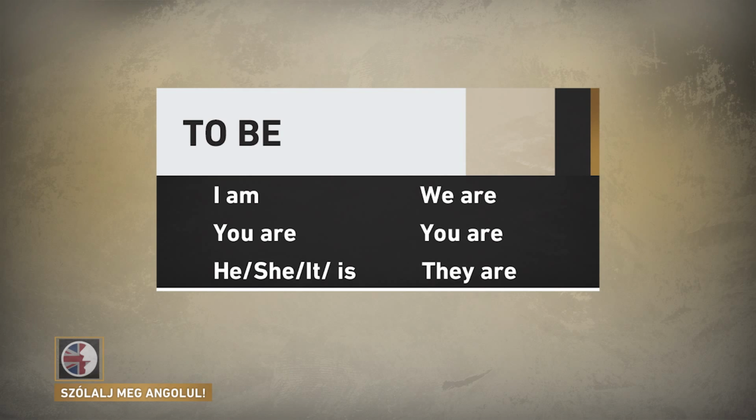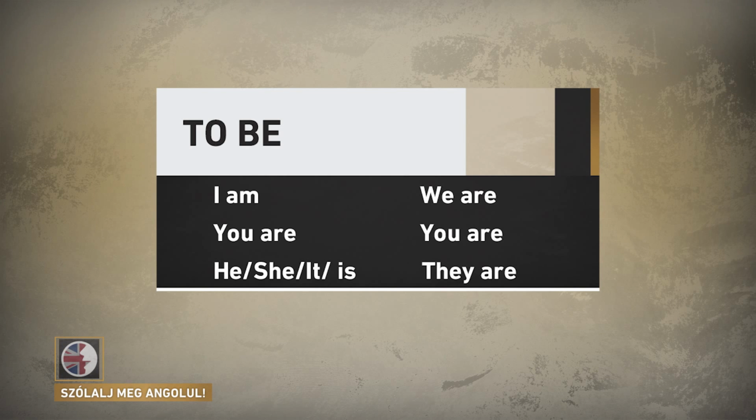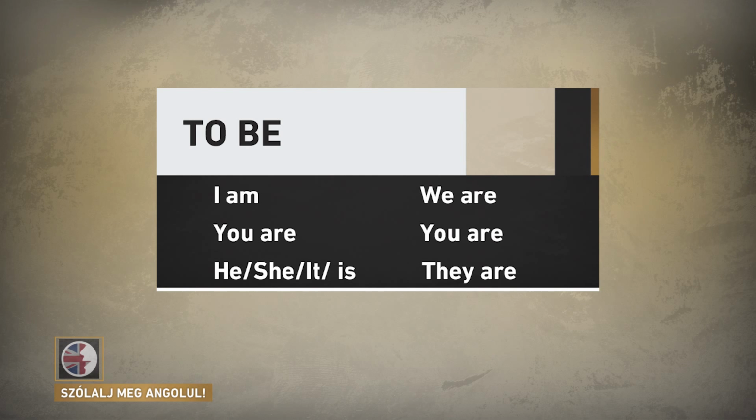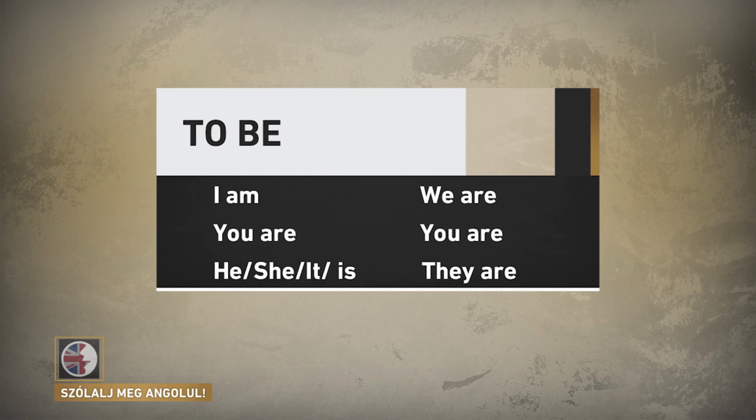We have to be careful with I and he, she, and it. The other personal pronouns are the same when we use the verb to be. All the other forms are: you are, we are, they are. Simple.